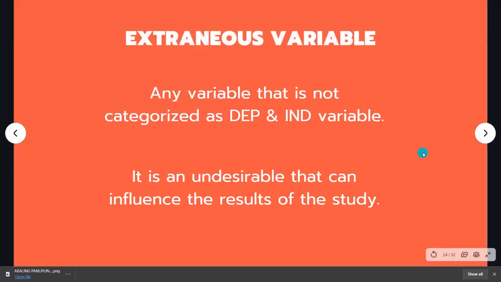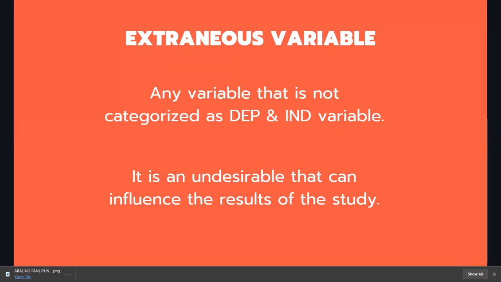Okay? So another kind of variable is the extraneous variable. So any variable that is not categorized as dependent and independent variable is called an extraneous variable. It is undesirable and can influence the result of the study.